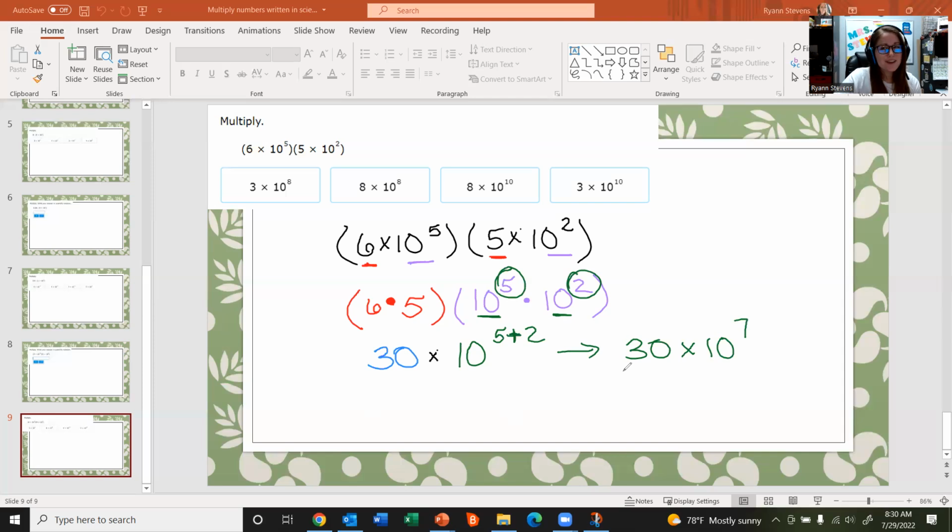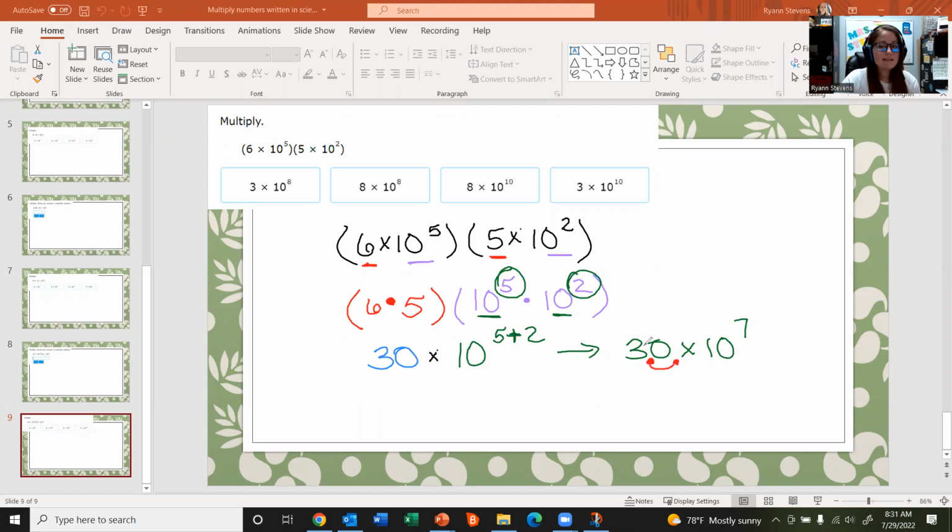But that's where we have to look at this first number. We have to say, this number is larger than 10. We need that number to be greater than 1 and less than 10. And so what we need to do is take this decimal and just move it over one place, put it between the 3 and the 0.